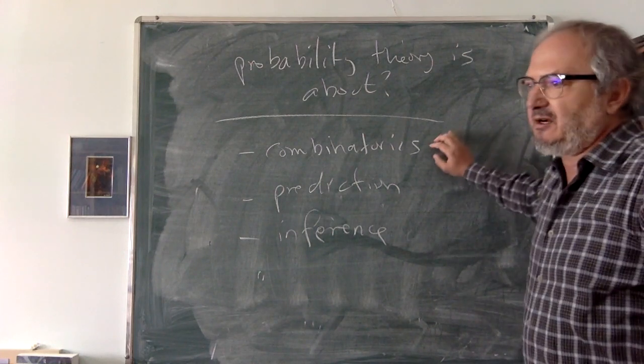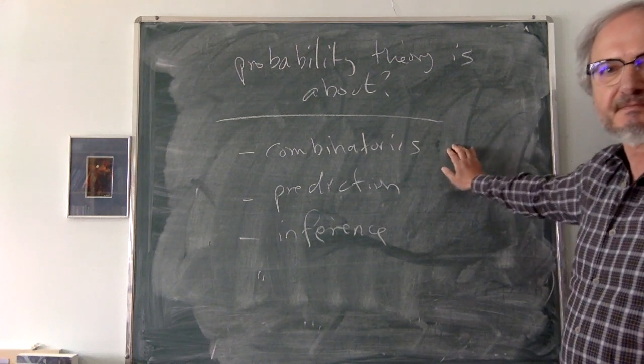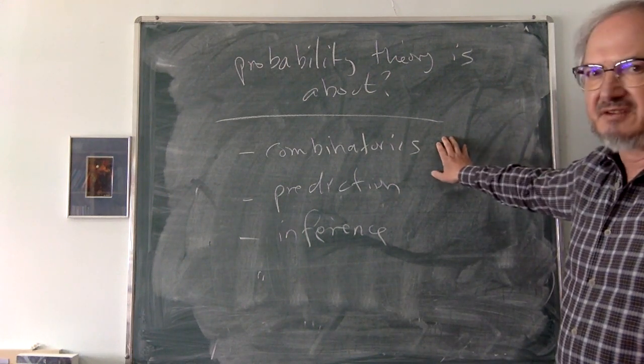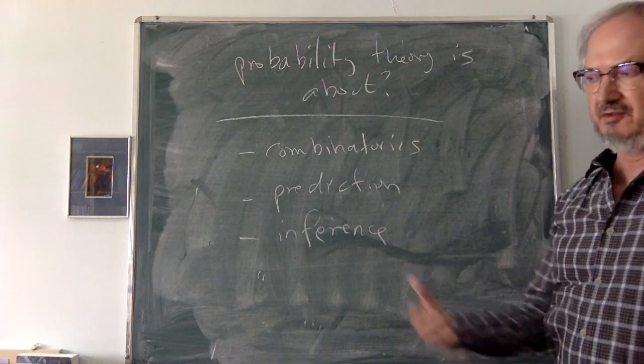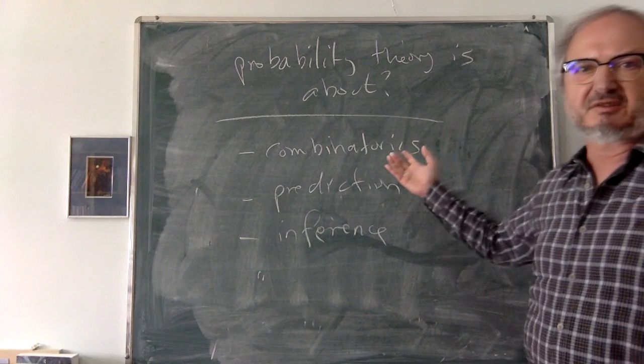Combinatorics is things like, well, if you're rolling a dice, right? If you're rolling a single die, then there are 6 possibilities, right?